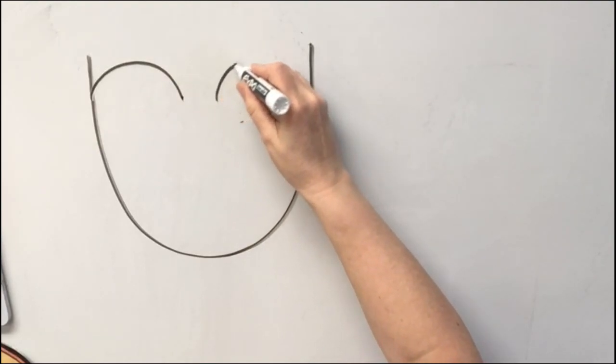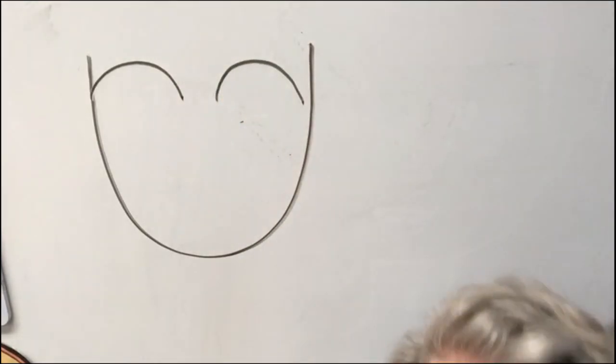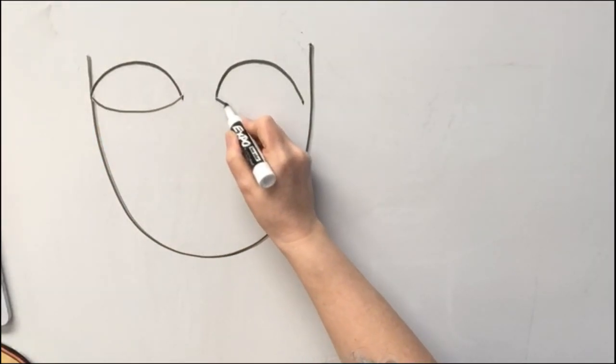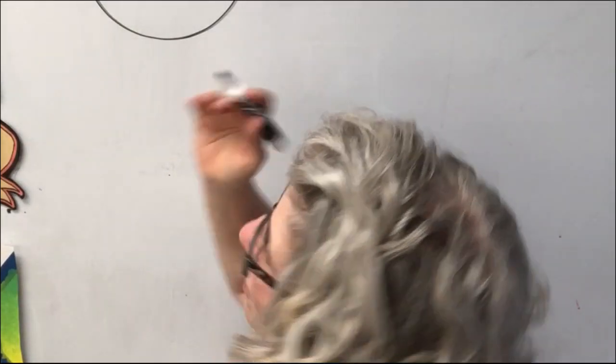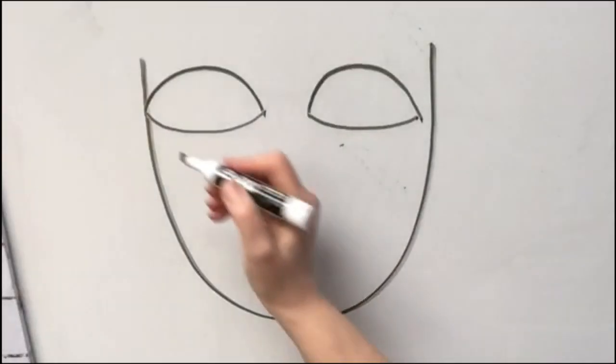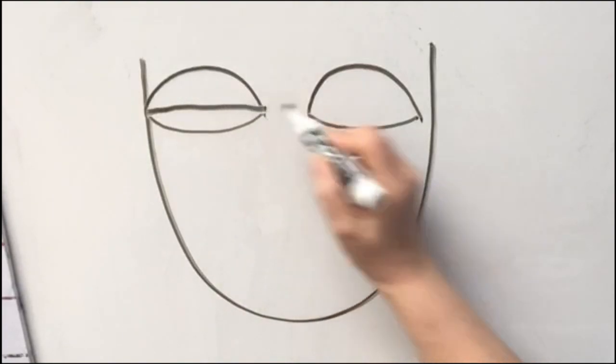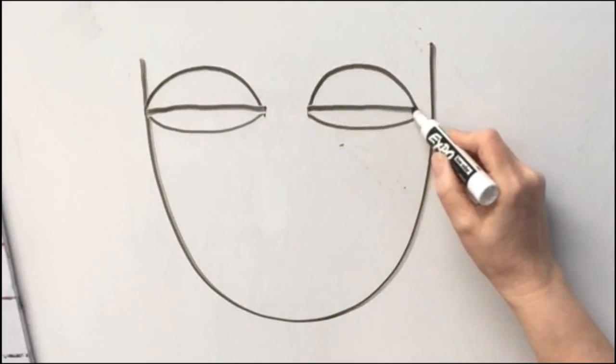So think of that nice rainbow arch, and then a curve on the bottom. In a lot of Sandra Silberzweig's artwork, you can see the eyelid, and she often just draws a straight line from one corner of the eye to the other corner, like this.